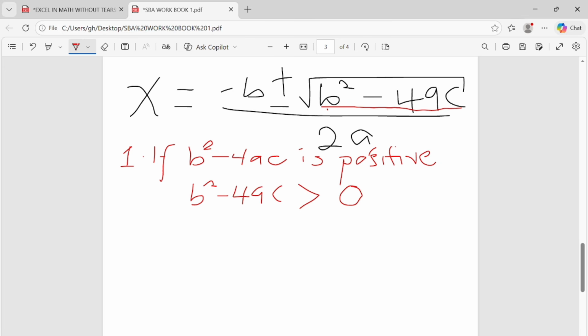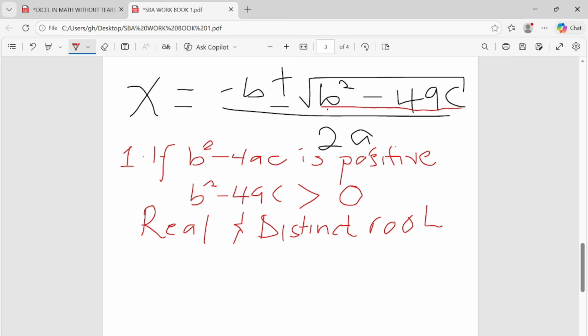What does that imply? That implies that the quadratic equation we are solving using the Bulldozer method has got real and distinct roots.